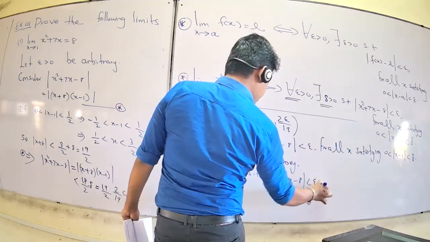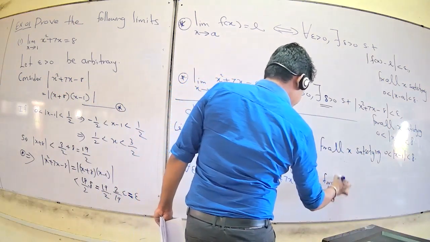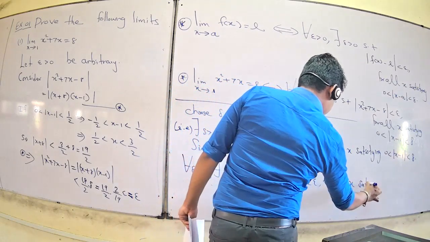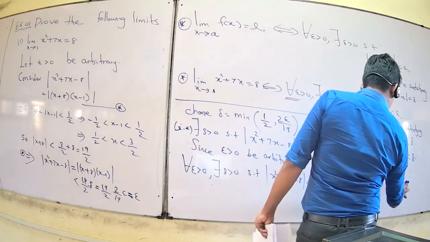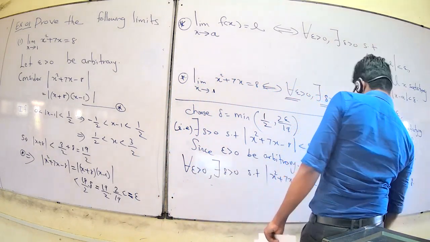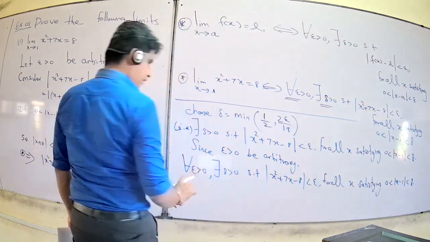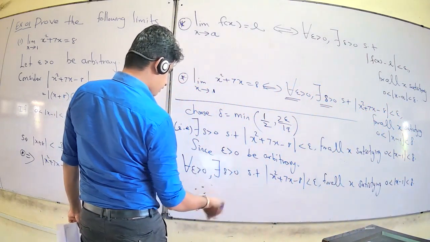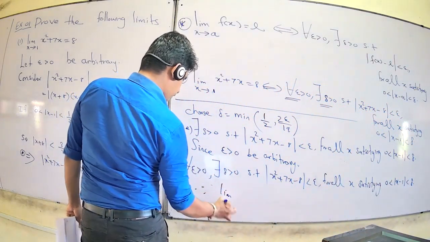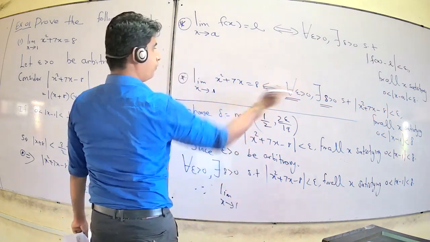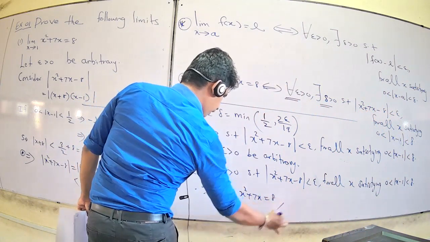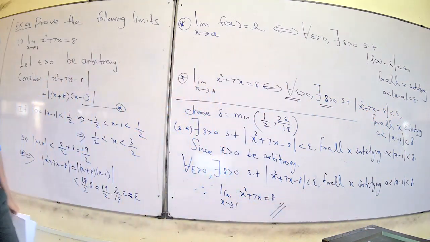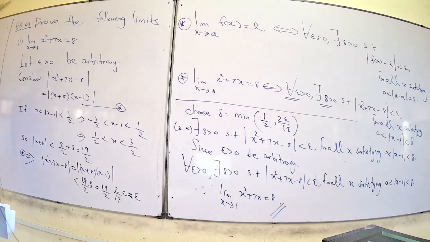We prove this condition for all x satisfying 0 less than modulus of x minus 1 less than delta. Therefore, by the definition, the limit of x tends to 1 of x squared plus 7x equals 8. Okay, that is the question.